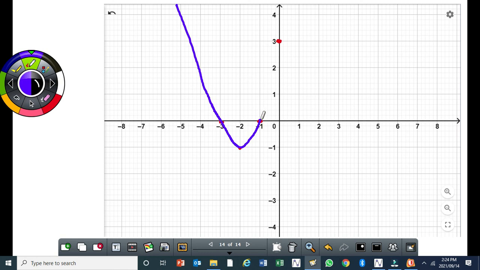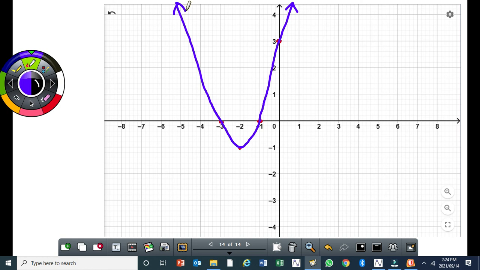Okay, from here now I need to be straight. Okay, it looks something like that. So if you were writing a test and you sketch like that, then you get 1 mark for the shape, right? Another mark for the x-intercept, the third mark for the y-intercept, right?